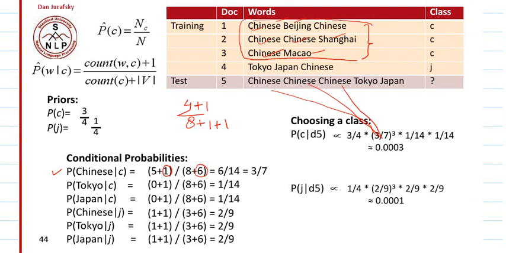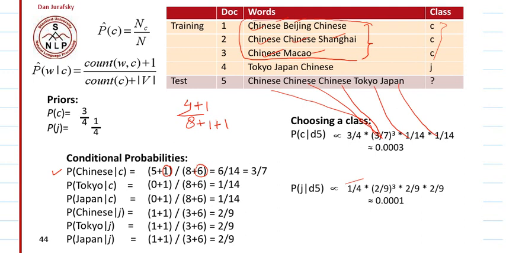Similarly, P of Japan given C and Tokyo given C are 1 by 14 and 1 by 14, and this 3 by 4 is actually the P of C, that is P of class is equal to C. The count is 3 here, and the total number of documents for all the classes is 4. So the probability of class C is 3 by 4 and class J is 1 by 4 here, right?